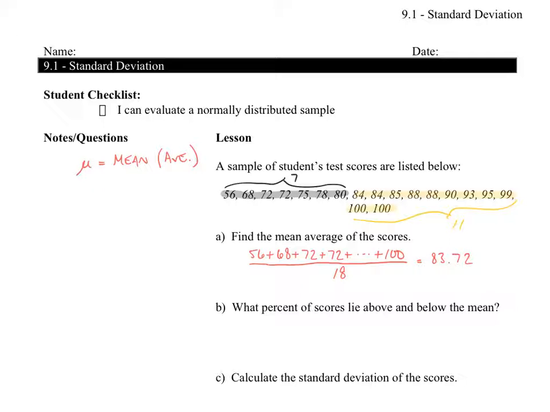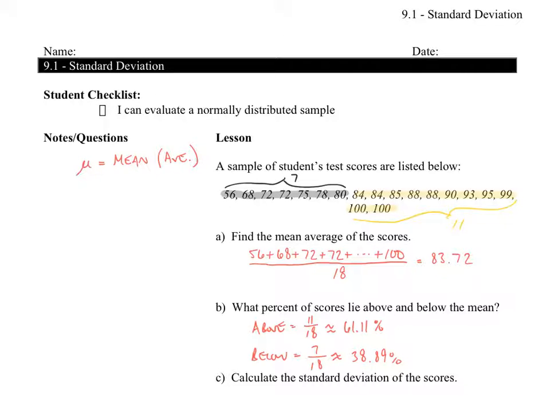So my above number would be 11 out of the 18 numbers that I have, which is approximately 61.11% of my numbers. And my below would be the rest, so 7/18, which is approximately 38.89%. So that's one way that I could look at this data, and I might have assumed that because this is a mean, half my numbers would be above and half would be below.